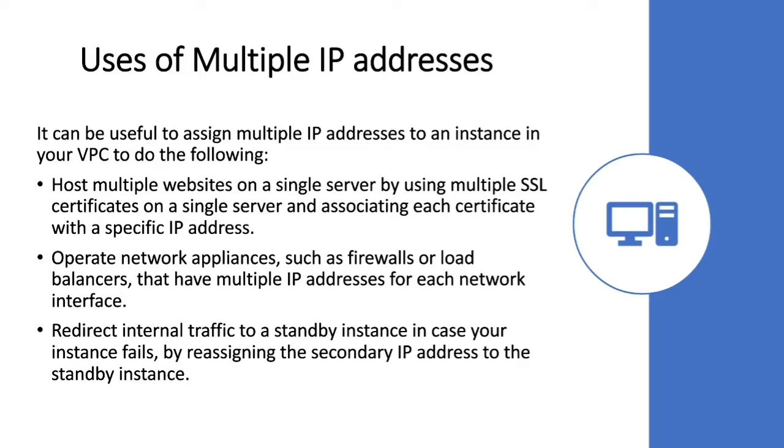So we can have multiple private IP addresses, as well as multiple elastic IP addresses, associated with our EC2 instance. It has a lot of uses. First of all, we can use them to host multiple websites on a single server, which we are going to view in this video. In real life, this would also require multiple SSL certificates, the secure socket layer certificates, but we won't be requiring them because we are just doing this as a hands-on.